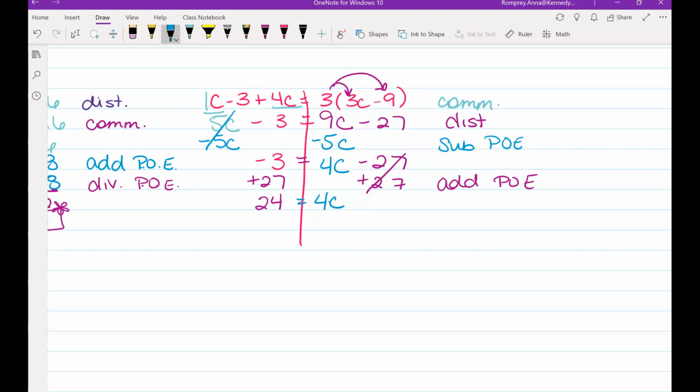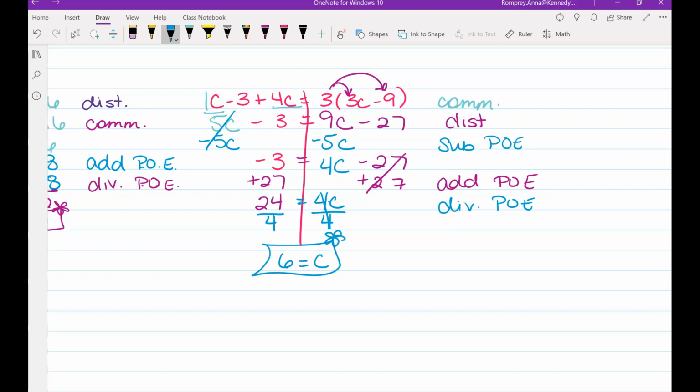Or 4 times C, so inverse operation. We're going to go ahead and divide by 4. We use the division property of equality to get a solution that C equals 6.